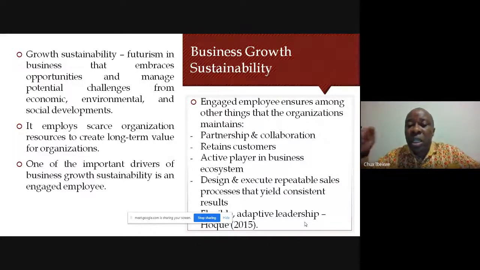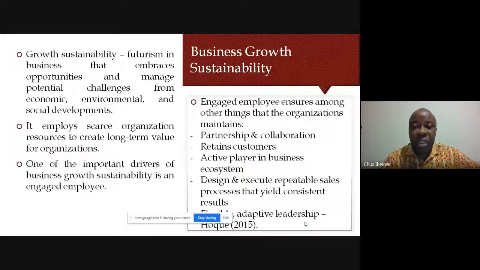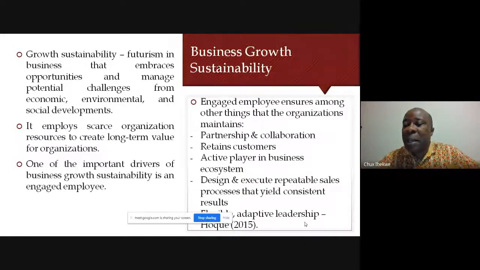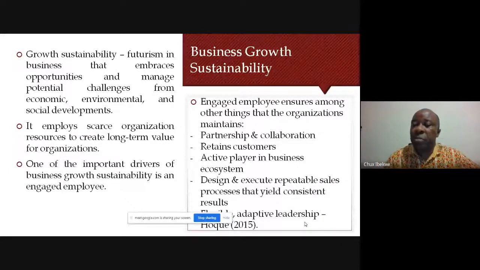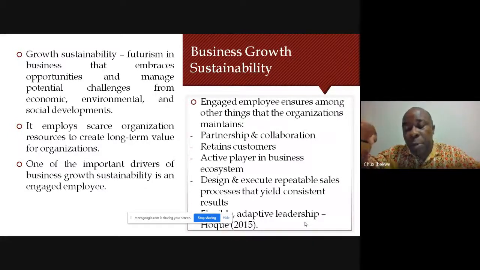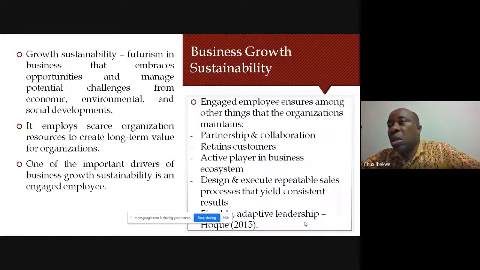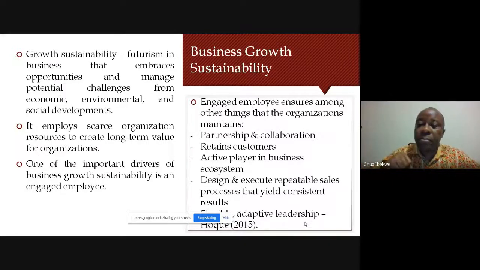Engaged employees ensure, among other things, that the organization maintains partnership and collaboration between employees and management, between the organization and its external constituents, retains its customers, because the organization becomes an active player in the business ecosystem.